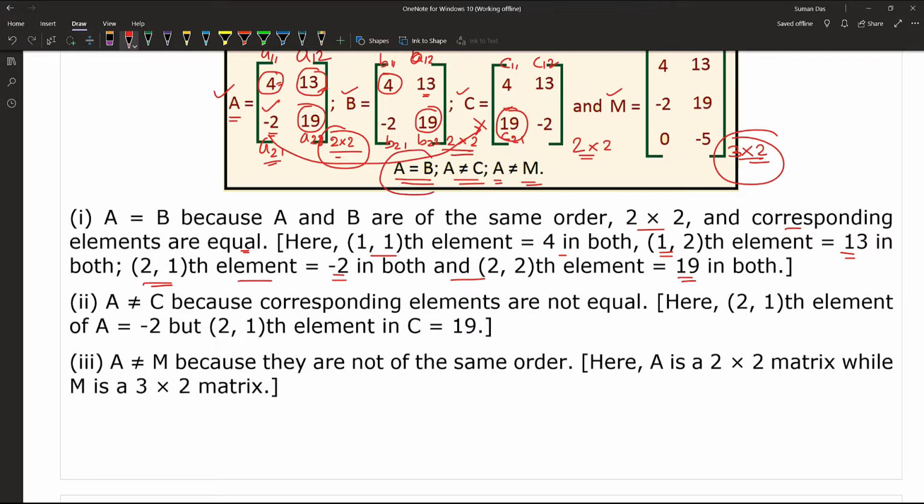So we can say A is equal to B. A is not equal to C because corresponding elements are not equal. Here the 2 1 element of A is -2, but the 2 1 element in C is 19. So A is not equal to C, and A is not equal to M because they are not of the same order. A is a matrix of order 2 cross 2 while M is of order 3 cross 2.